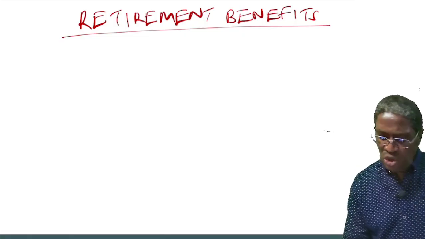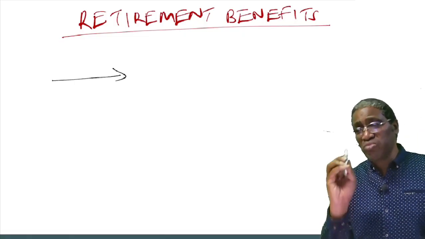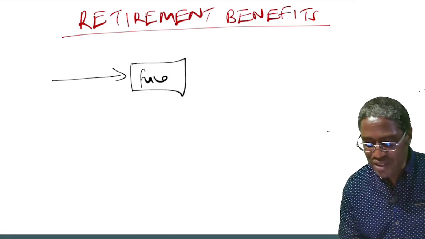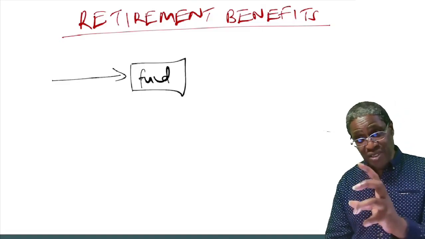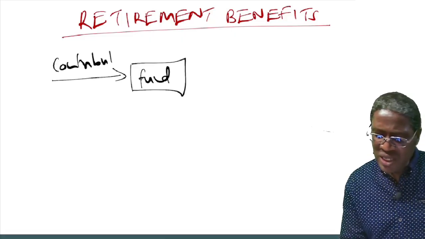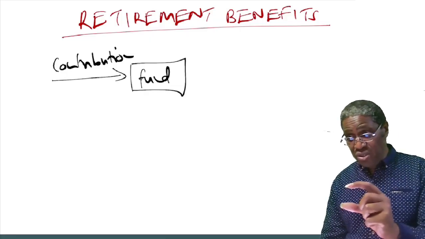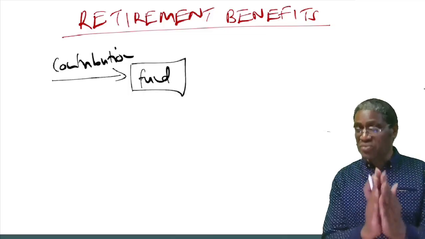Now, normally in a pension scheme, contributions are made to a pension fund. Those contributions are made either by the employer and the employee, or in some cases it may be the employee only, but in most cases it is both.